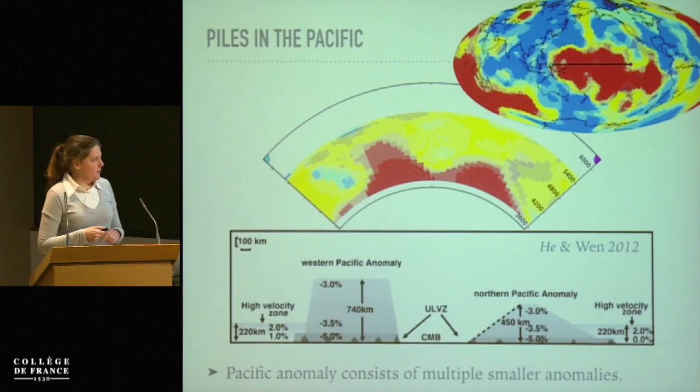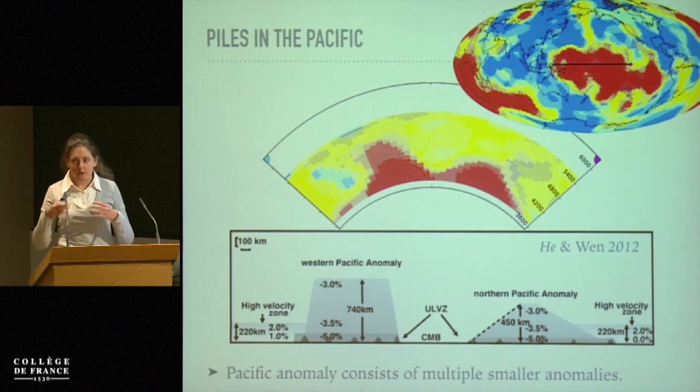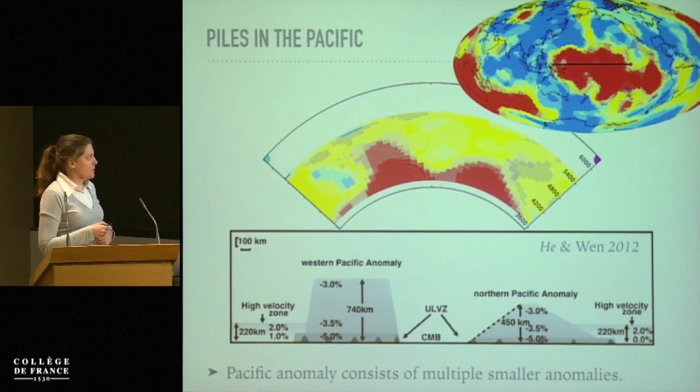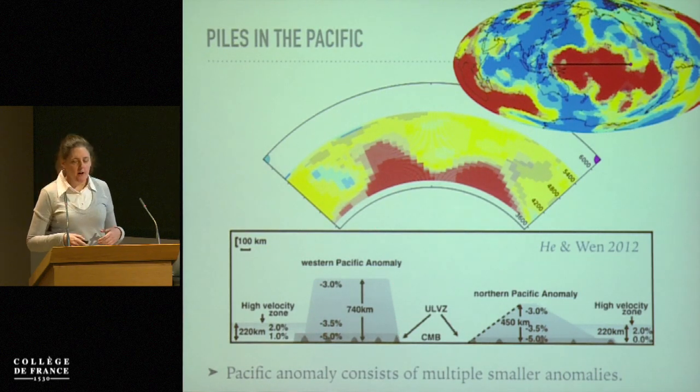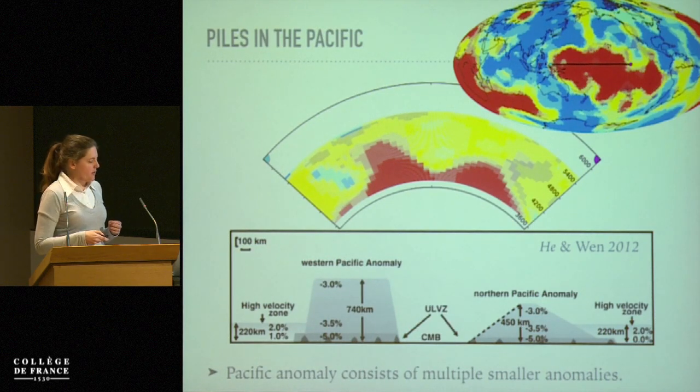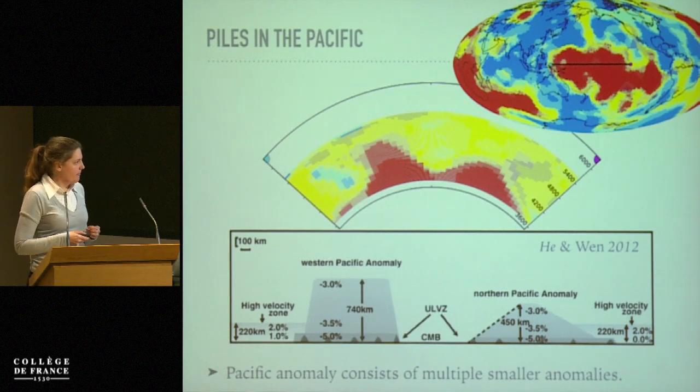In the Pacific, the high-frequency waveform studies have found more separated piles, and that is what also comes out of the clustering analysis. So this is work by He and Wen, who see a separate Western Pacific anomaly that's very high and has very steep sides, and then a Northern Pacific anomaly, which has much more shallow sloping sides and is much smaller, and some separation between the two, which we don't totally see.